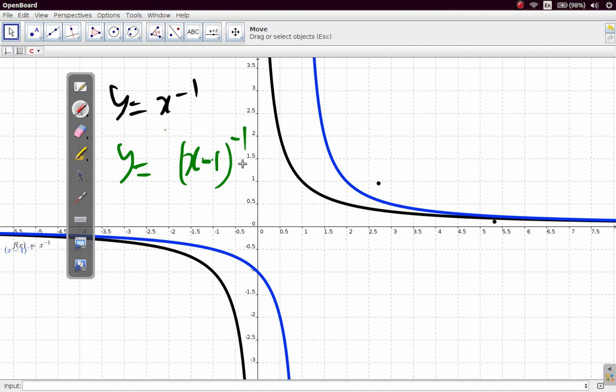When you go outside the power and add a number or subtract a number, what you're doing is shifting up and down. If you add a positive number, like positive 1, you're moving the graph up by 1. And if you subtract, say you're minus 1, you're moving the graph down by 1. Alright? So it's a similar operation as that for the quadratic function.